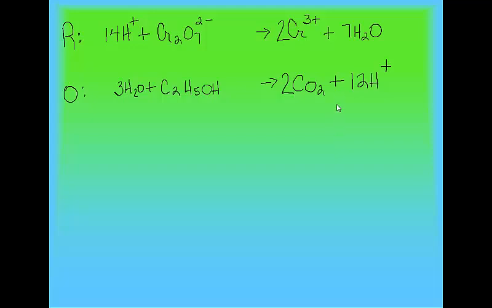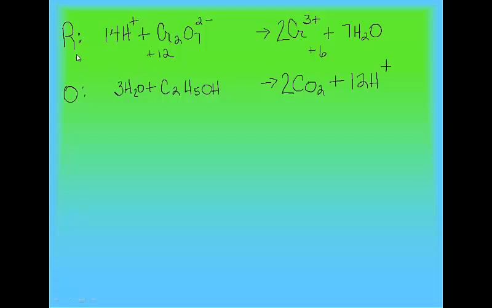What I have to do now is tally up the charges. I have to deal with electrons now, which means charge. The entire left side of my reduced, positive 14 minus 2, that's a positive 12 charge on the left. 2 times 3, that's a positive 6 on the right.